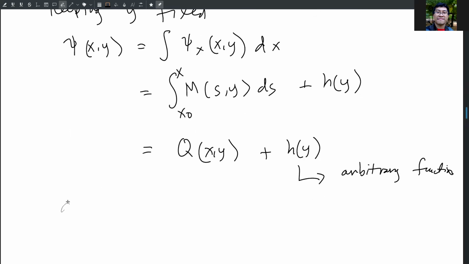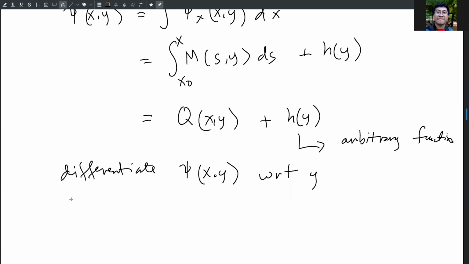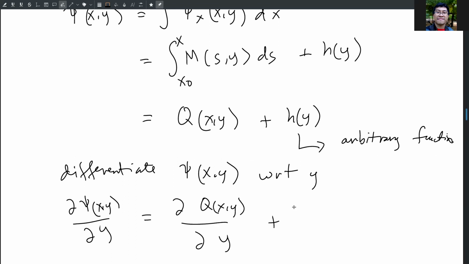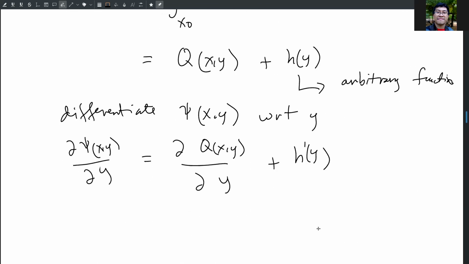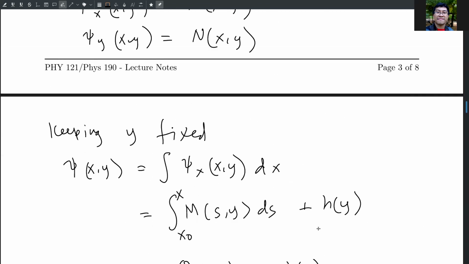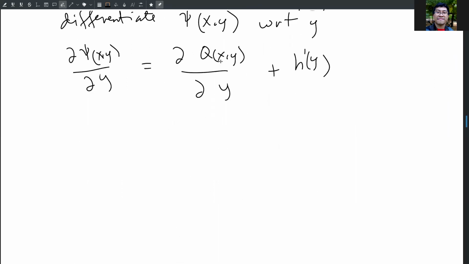Now, next step, we differentiate psi(x,y) with respect to y. That would be the partial of psi with respect to y equals the partial derivative of q(x,y) with respect to y plus h prime(y). Now we know that this partial derivative of psi with respect to y is n(x,y).